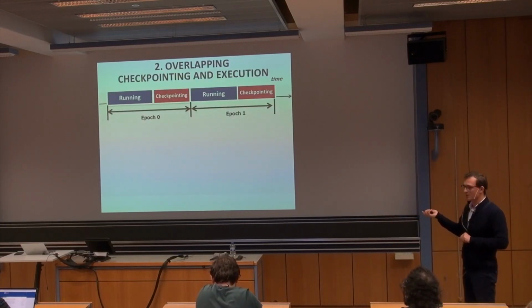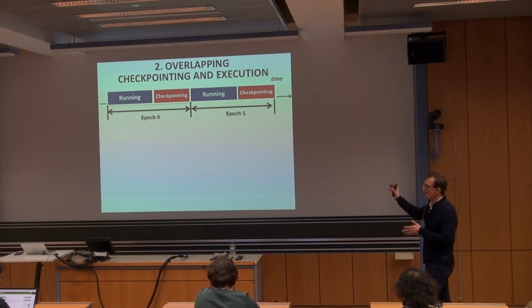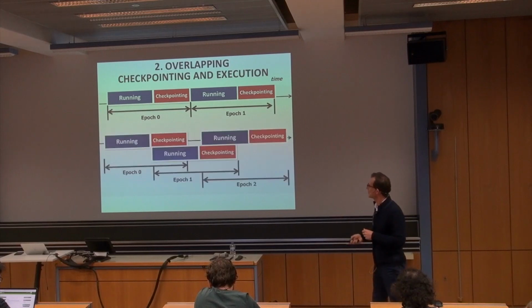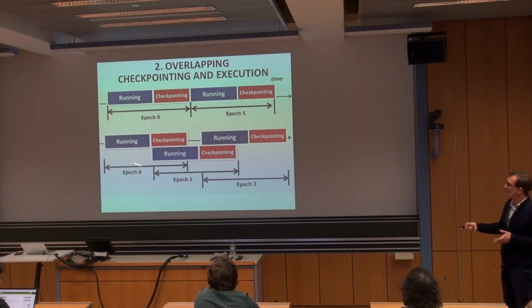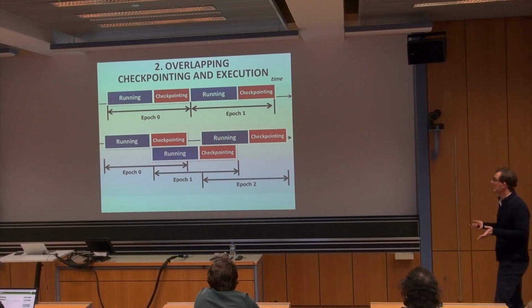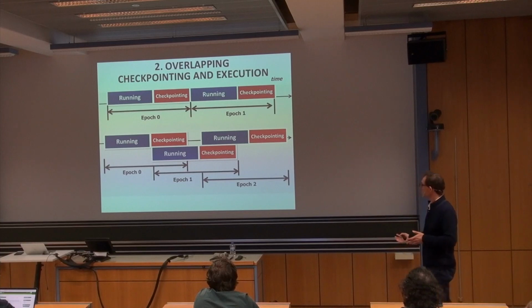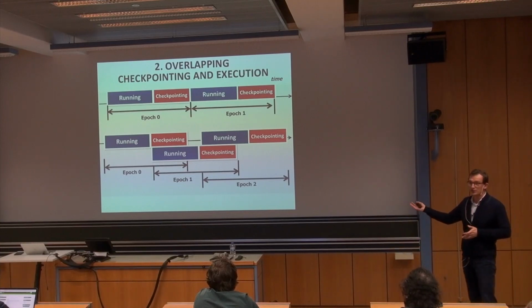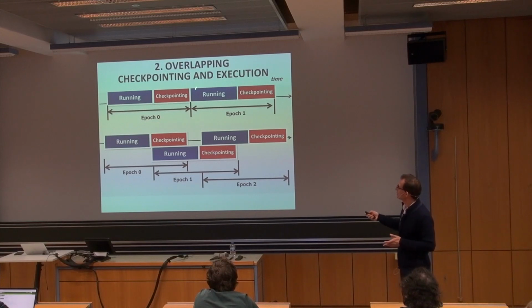Let's go into the second one. The second one is a lot more intuitive, of course, because this applies to any system, not a hybrid memory. This is what you want to do. You don't want to do this. You want to do this for high performance, meaning that while you're checkpointing, you start the next epoch. Now this doesn't come for free, obviously, because here you needed to have a checkpointed copy and a working copy.